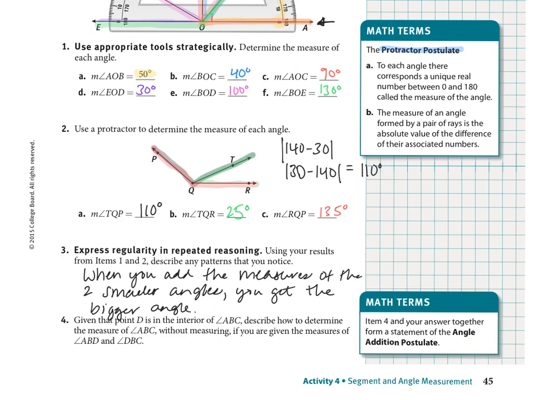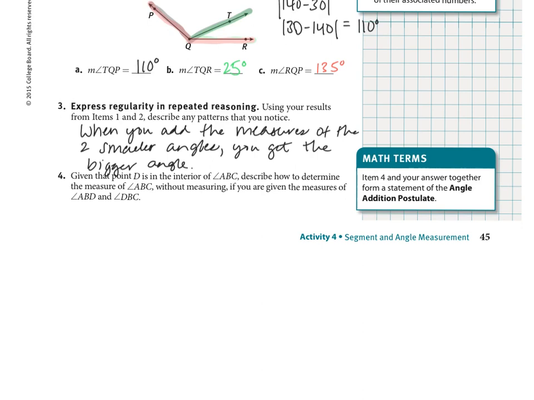Nice. All right, let's look at number 4 now. Number 4 says, given that point D is in the interior of angle ABC, describe how to determine the measure of angle ABC without measuring if you are given the measurements of angle ABD and angle DBC. For this problem, I would like to draw a picture to visualize what is really going on.